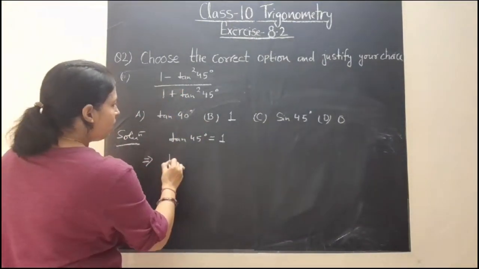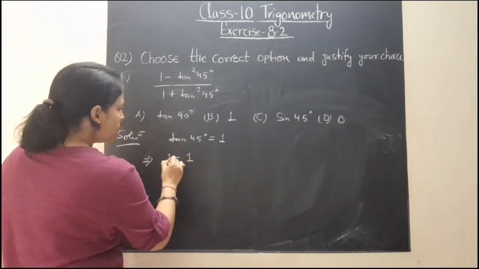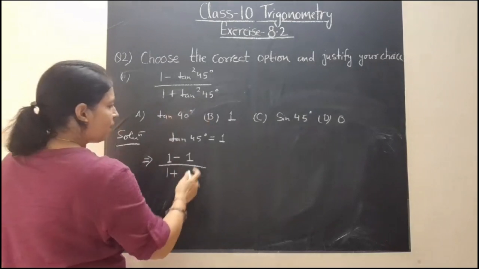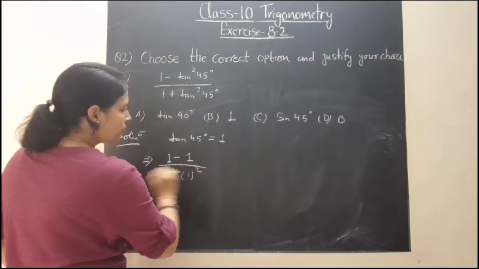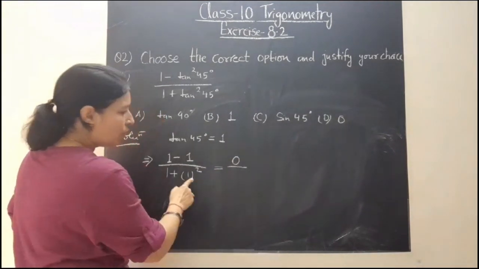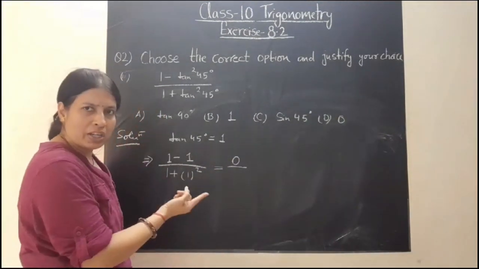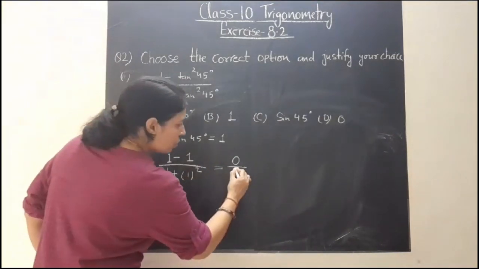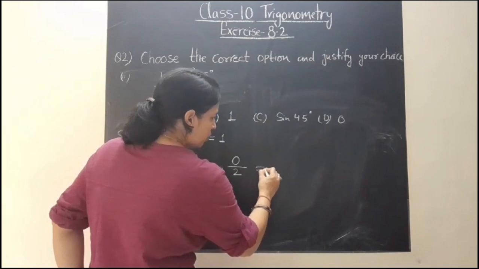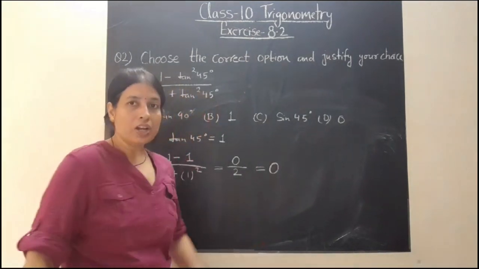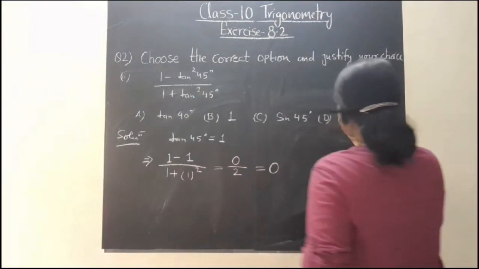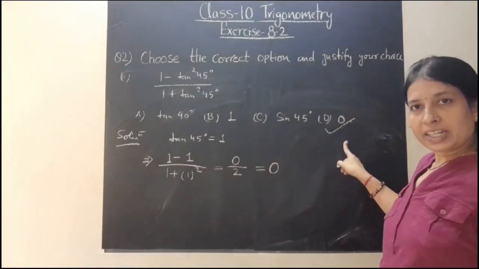So it will come 1 minus 1 divided by 1 plus tan 45 square of 1. So 1 minus 1 is 0 and square of 1 will be 1. So 1 plus 1 will be 2. So it is 0 by 2, which is equal to 0. So your answer will be option number D. Where is 0? Here D. This one. So option D is correct.